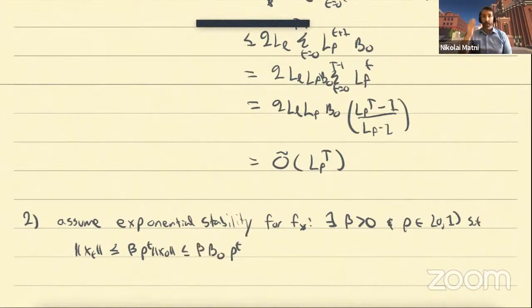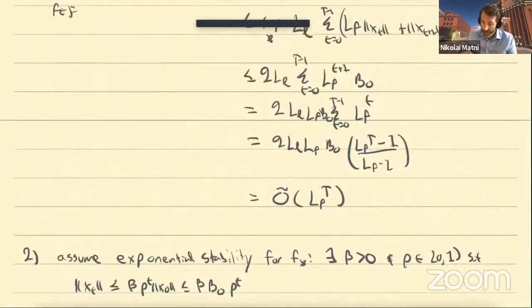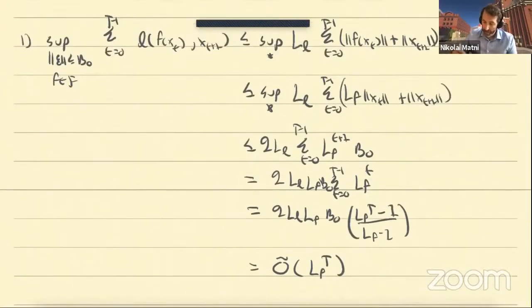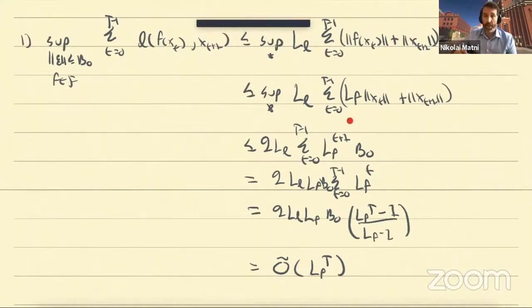Right, so we're assuming that our state is decaying exponentially to 0 with time. So this is a very strong assumption. And so one thing that was kind of clear from above is that really the quantity that we need to bound is the sum from t equals 0 to t minus 1 of xt. Right, that's what this is saying.